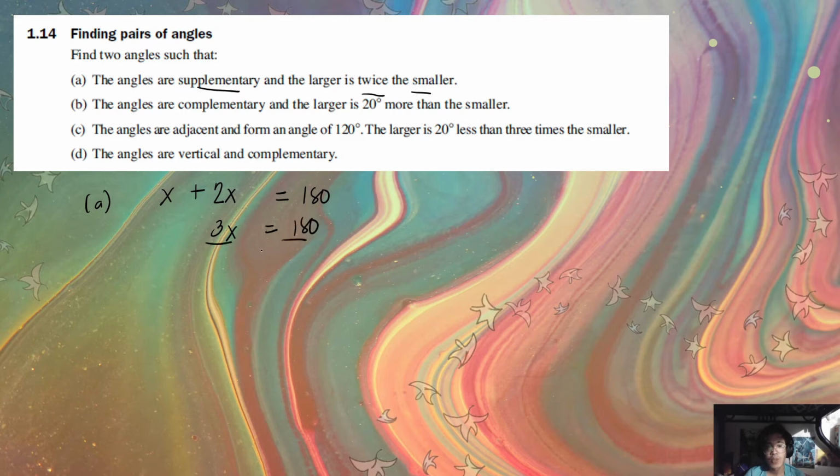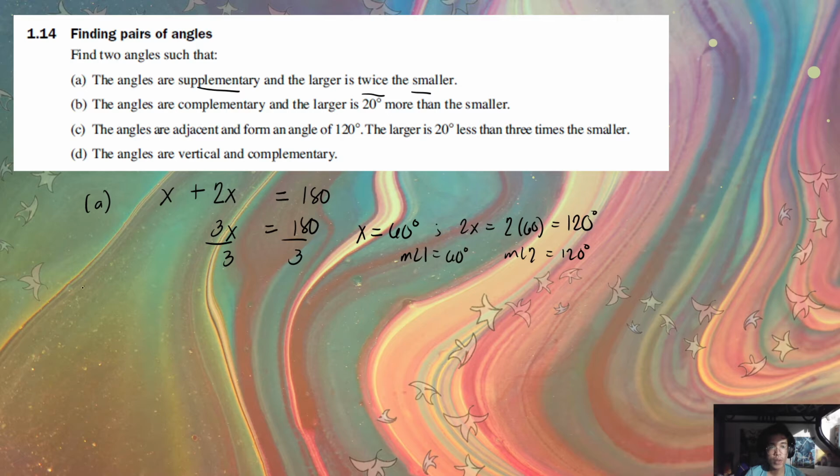If we divide both sides by 3, the measurement of the small angle for the first problem is equal to 60 degrees. And the second angle, which is 2x, is equal to 2 times 60, which is equal to 120 degrees. So these are our two angles. The measurement of angle 1 is equal to 60 degrees. The measurement of the second angle is 120 degrees.